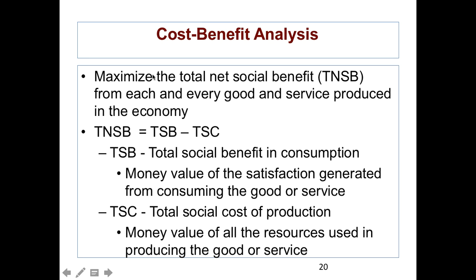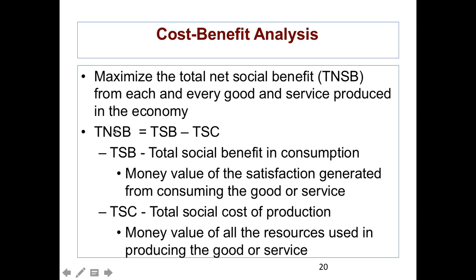Now, in public policy, we look at all the costs and benefits. So we call that the total social benefit and total social cost. And you want to maximize the total net social benefit, which is the subtraction of the total social cost from the total social benefit.